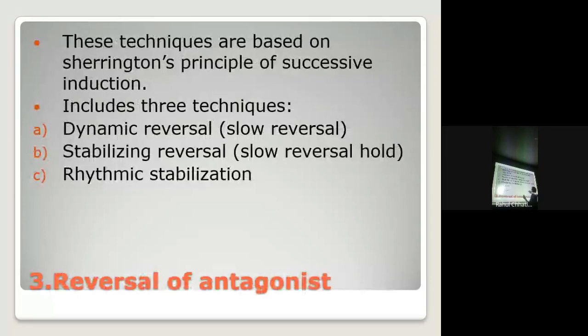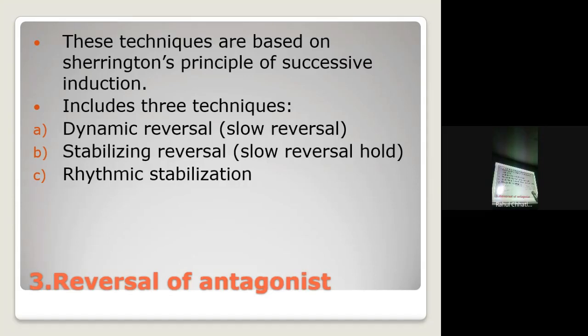After this, we learned about reversal of antagonist. Here, there are again three sub-techniques. Dynamic reversal, where full range of motion is intended. Stabilization reversal, where only 5 to 10 degrees of range of motion is intended. And rhythmic stabilization, where no range of motion is intended.